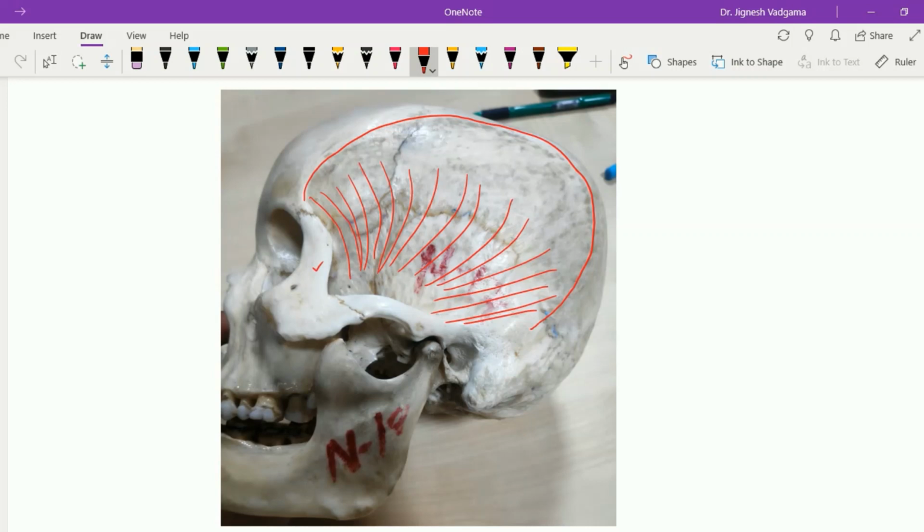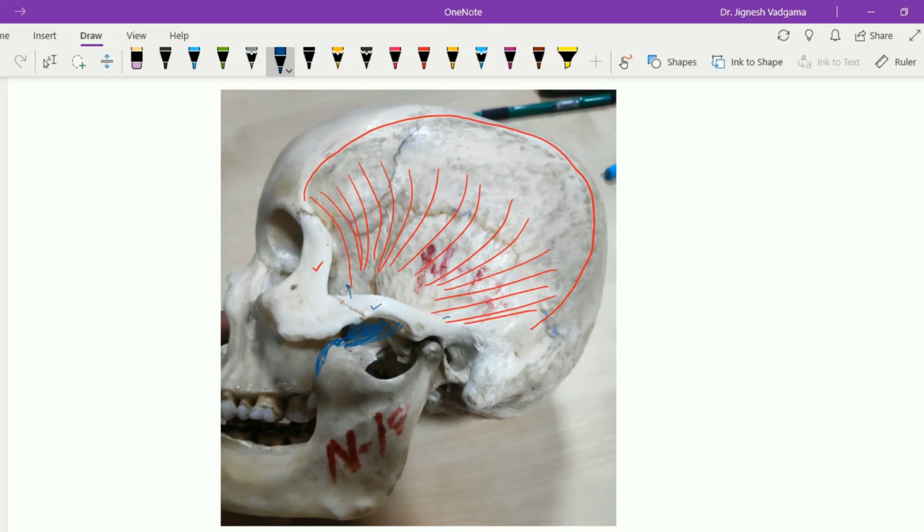These converged fibers form one tendon, which passes below the zygomatic arch and converges to attach at the tip as well as the anterior border and the medial surface of the coronoid process.